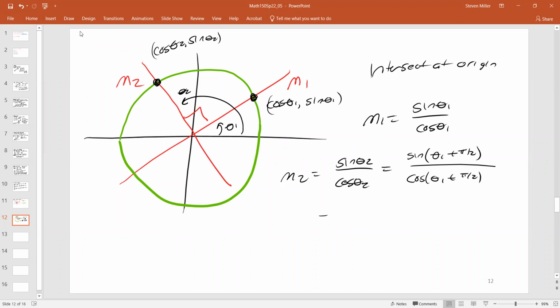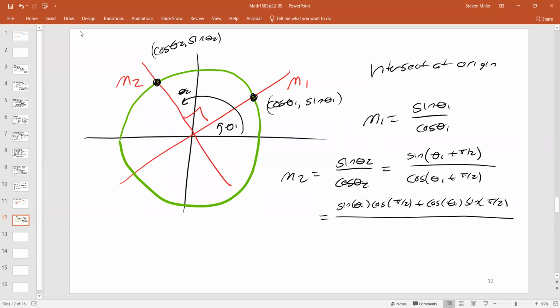And now we use our angle addition formulas. So the numerator is going to be sine θ1 cosine pi halves plus cosine θ1 sine of pi halves.